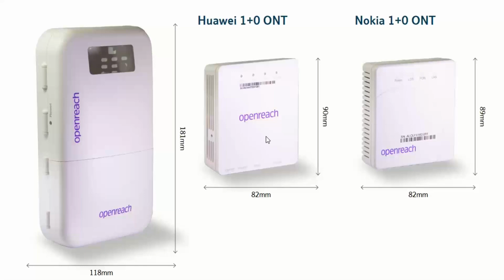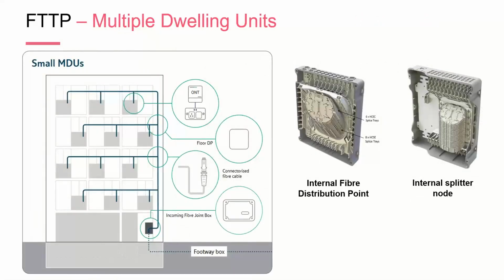So the other thing to look at is also multi-dwelling. I've covered looking at it from the point of view of the property and external. It's slightly different if you've got multiple dwelling units. There, the fibre would go into the building, and what you'd have is a fibre splitter node somewhere in the building, and then depending on how many floors there are, fibre distribution points placed around it.